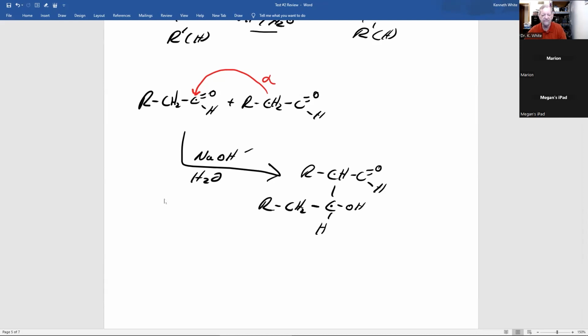But here, base, enolate anion, the alpha carbon attached to the carbonyl has acidic hydrogens. You pull it off, it attacks this carbonyl, and you form a carbon-carbon single bond. Again, something very special, very rare.